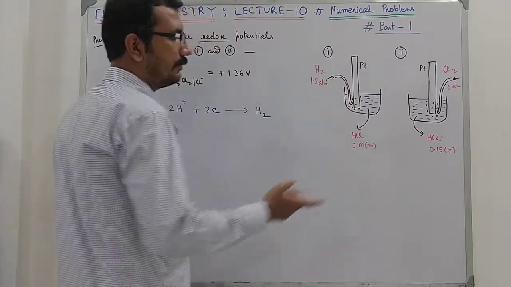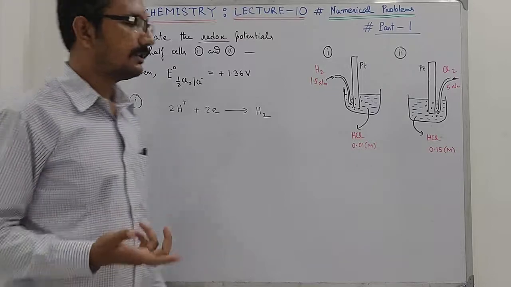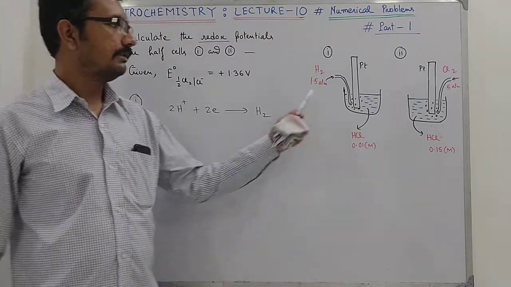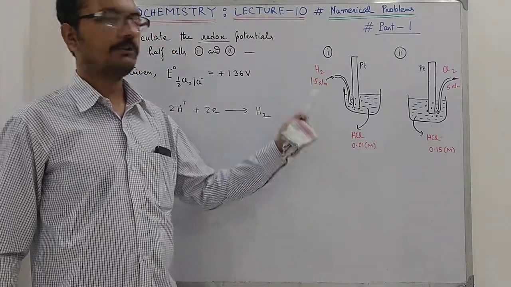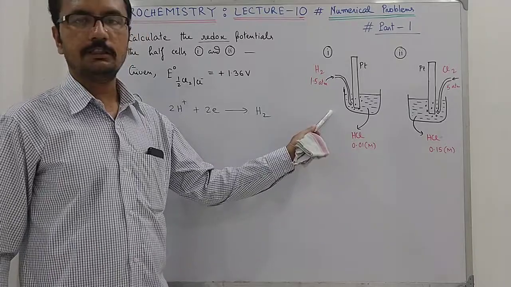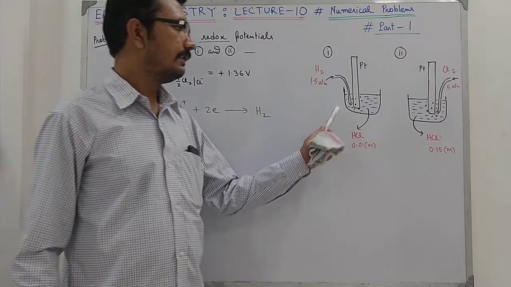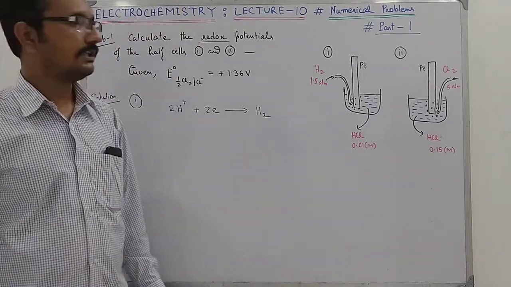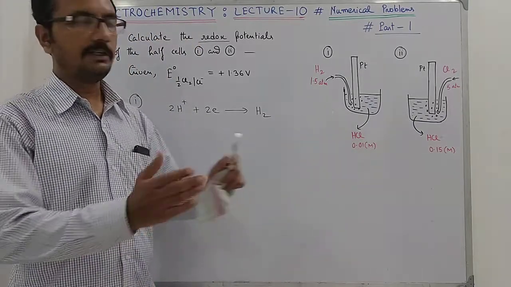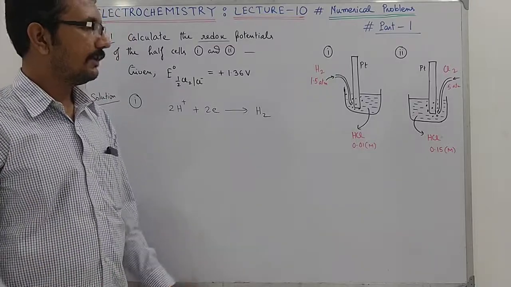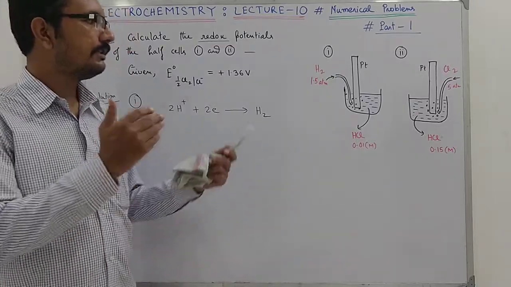If this half cell is connected to another half cell which is more electropositive than this one, having a higher oxidation potential, then it will act as the cathode, and if the electrode with which it is connected has a lower oxidation potential, then it will act as anode. So it depends on which half cell it is being connected to.